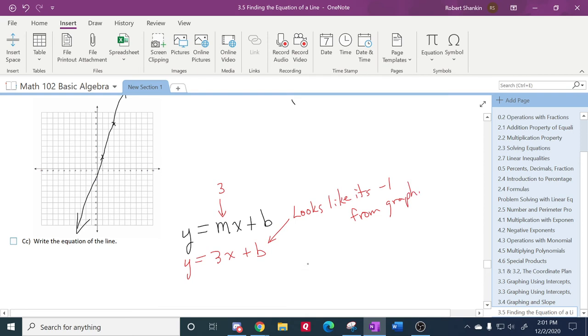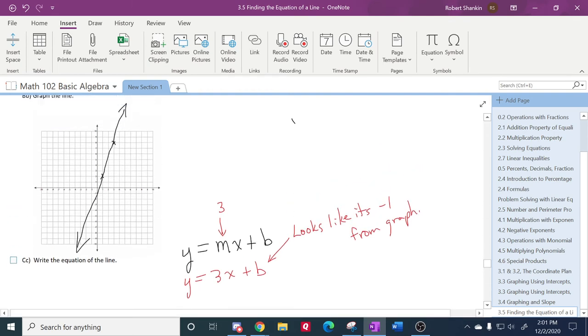But maybe it's almost -1, just a little bit off from that. How could I find it exactly, precisely? There's also an algebraic way to find the b. And we'll find it algebraically by doing this.